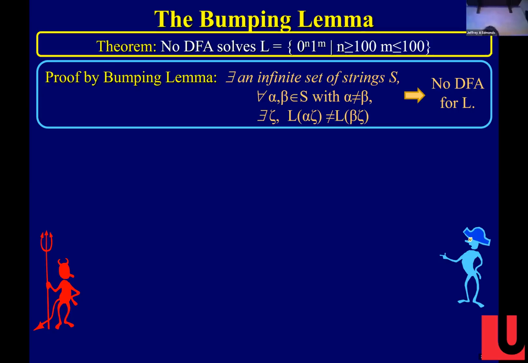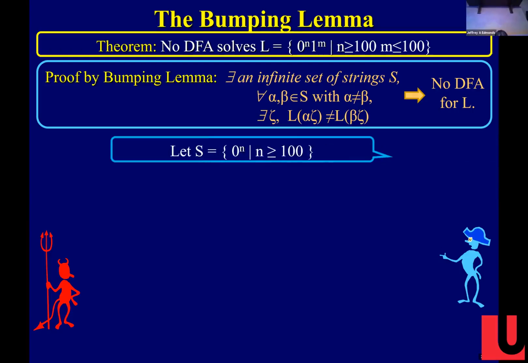Should we do one more? Yeah. Okay, here's one more. Now it's the number of zeros followed by the number of ones, where the number of zeros is greater or equal to 100, and the number of ones is less than or equal to 100, right?